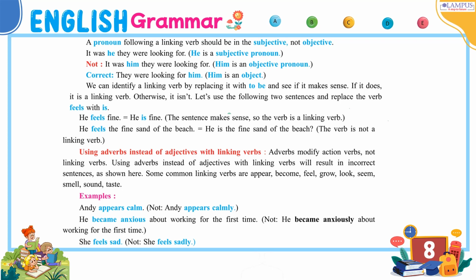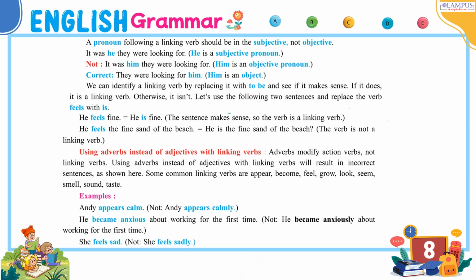Using adverbs instead of adjectives with linking verbs. Adverbs modify action verbs, not linking verbs. Using adverbs instead of adjectives with linking verbs will result in incorrect sentences, as shown here. Some common linking verbs are appear, become, feel, grow, look, seem, smell, sound, taste.